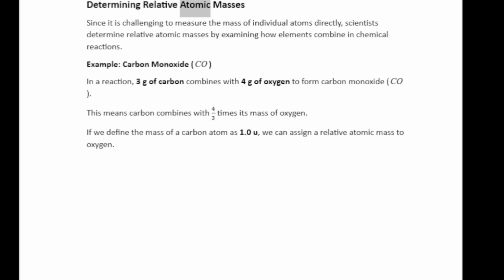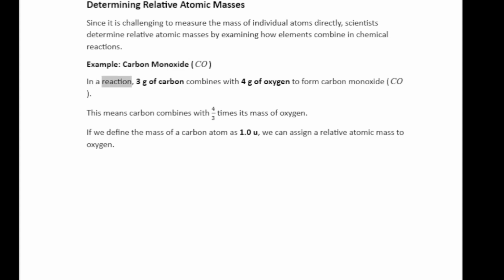Determining relative atomic masses. Since it is challenging to measure the mass of individual atoms directly, scientists determine relative atomic masses by examining how elements combine in chemical reactions. Example: carbon monoxide.